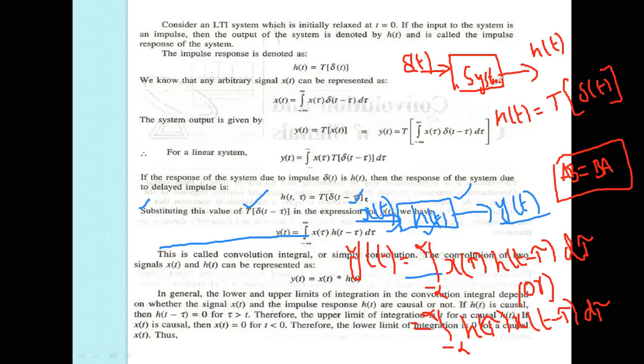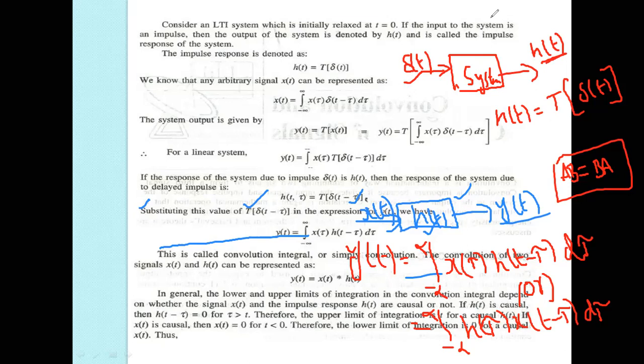When any signal passes through the system, they consider a linear time invariant system, which is initially relaxed at t equal to 0. If the input of the system is an impulse signal, then the output of the system is denoted by h of t.